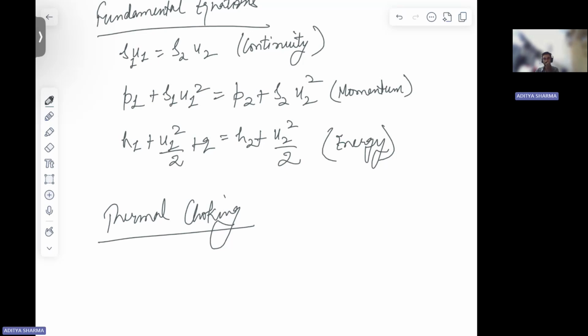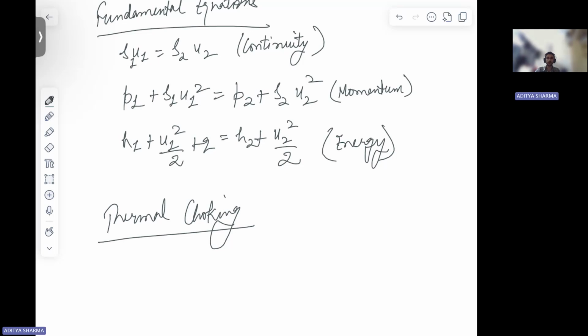That's why it is choked. So that was in your CD nozzle. In the same way here, choking refers to the sonic state.